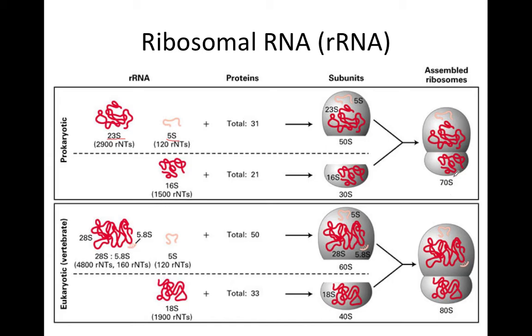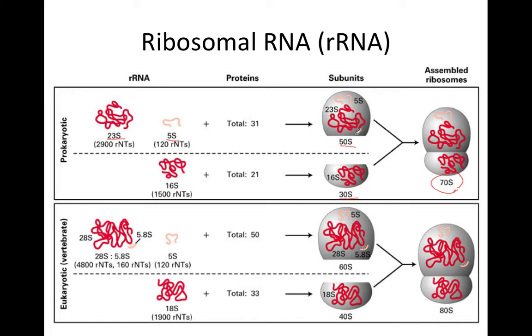Now take note that this 70S here is not a sum of the 50S and the 30S subunits. Remember that the 50S and the 30S are just indicative of the conditions with which these subunits or molecules were isolated, and hence they were the ones used for naming them. So they're not additive in nature.